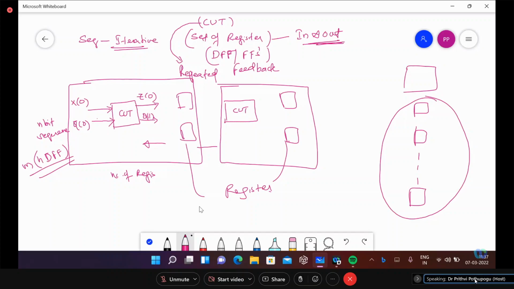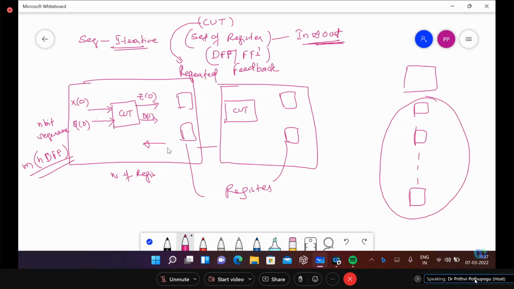Once we are testing something, we need an input segment to dump the input sequence.